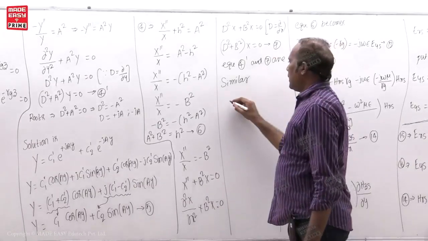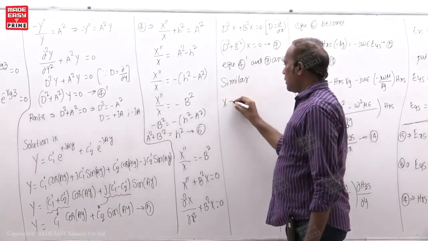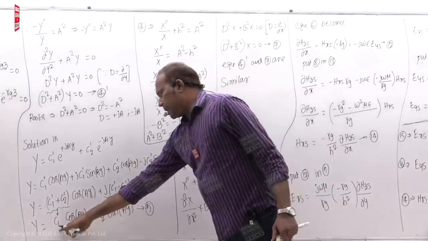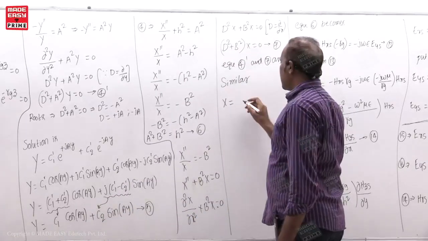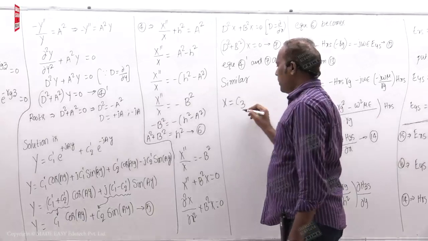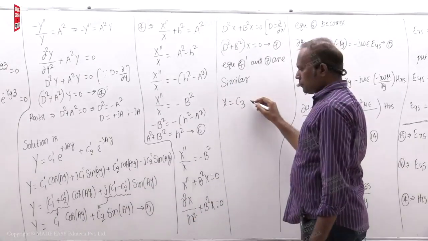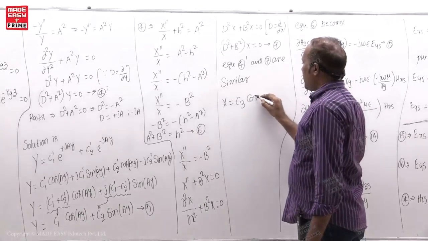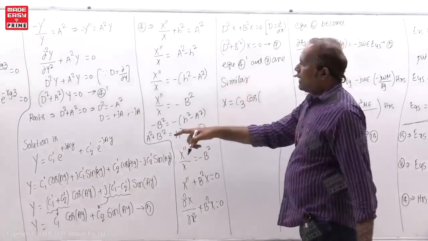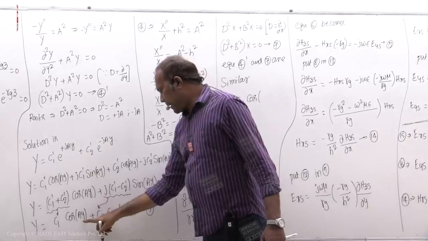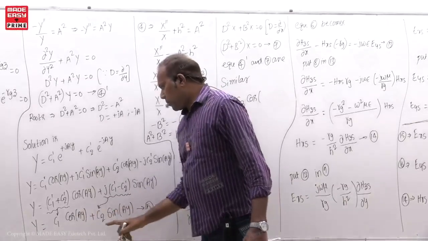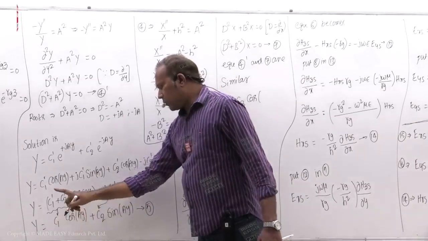So capital X is equal to some constant, which we will call C3 now, because C1 and C2 are used. C3 cos, here A was there, that is why A came, but with respect to differentiation with respect to small y.